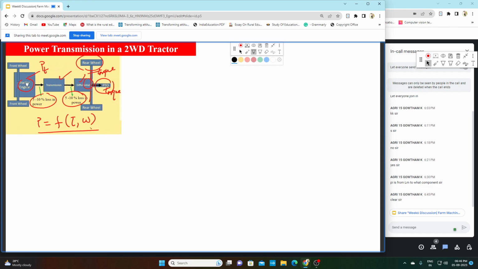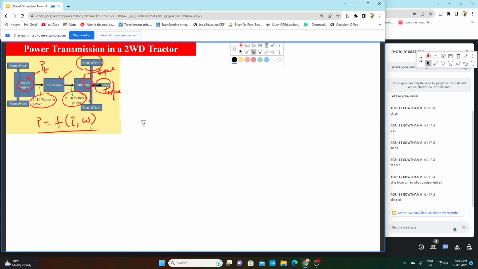After the tractor engine we have a component called the transmission, then after the transmission we have a component called the differential, and after the differential the power goes to the rear wheel as well as the PTO. Now the question is, why do we require the transmission and the differential? Why do we require the transmission?